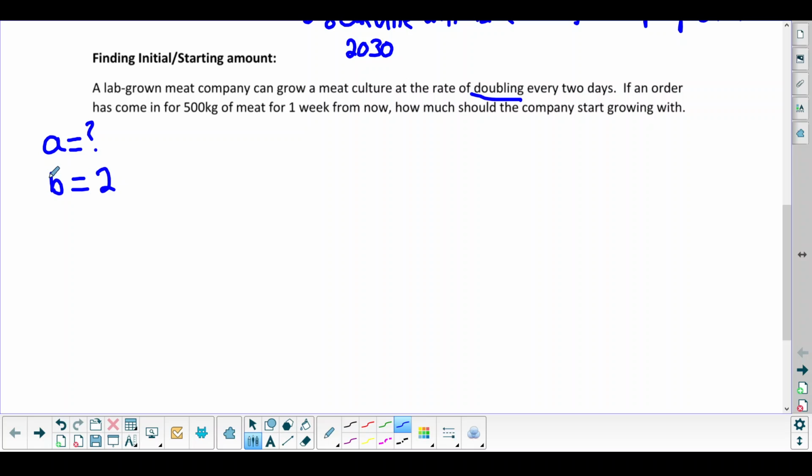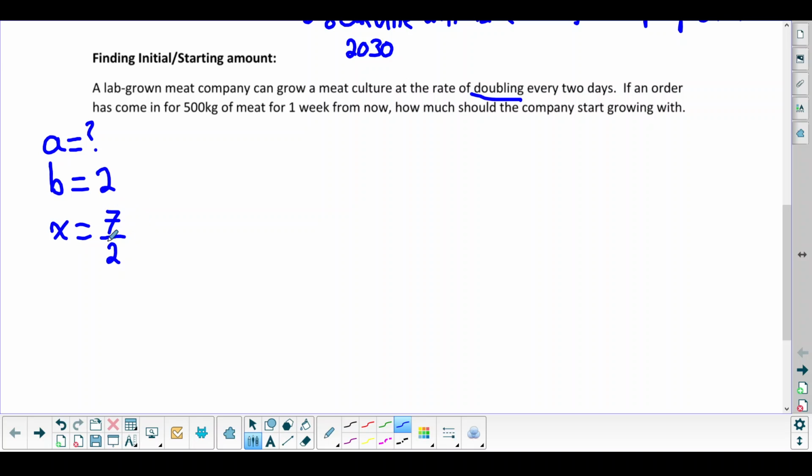So b is 2. And we can figure out how long we have. The order is for a week from now, and it doubles every 2 days. So the total amount of time is going to be 1 week. Now, we don't want to write 1 because we're working with weeks and days. So, of course, we should do a conversion. So 7 days, 2 days for 1 double.